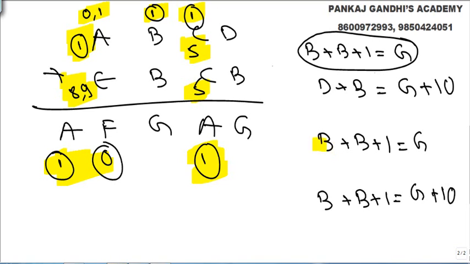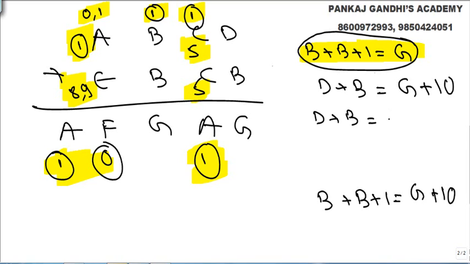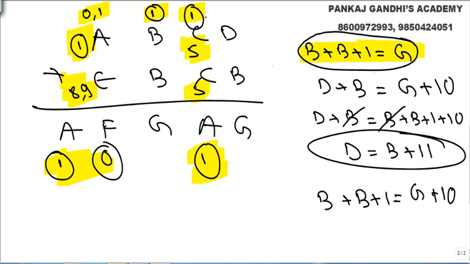If we put B plus 1 for G here, we get D plus B is equal to B plus 1 plus 10, so D is equal to B plus 11.